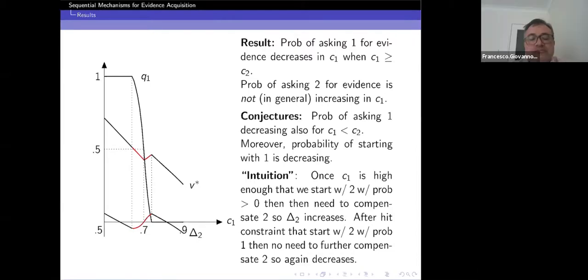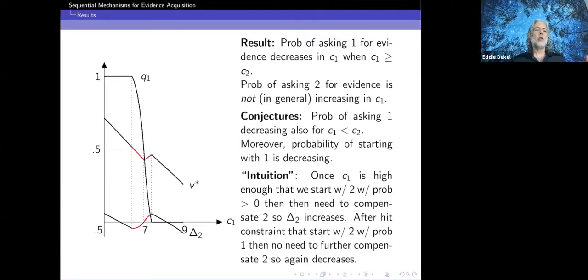Let me just say one thing about this picture that I didn't have time to really talk about. There's a lot of things in it that at first sight look counterintuitive, because there's this non-monotonicity down here, and there's this non-monotonicity over here, and these things look a little odd. We would expect things to be monotonic like this. This is the function which says, what's the probability I'm asking the agent?